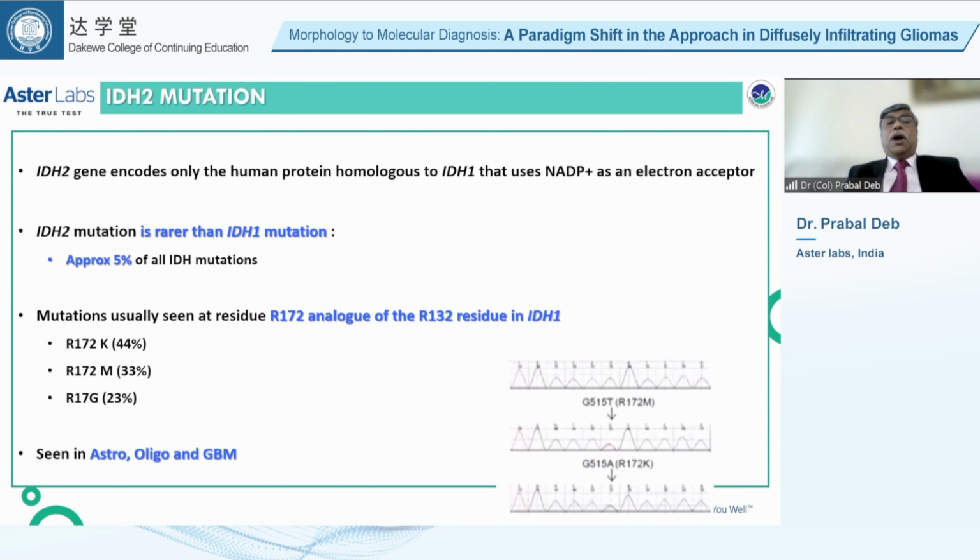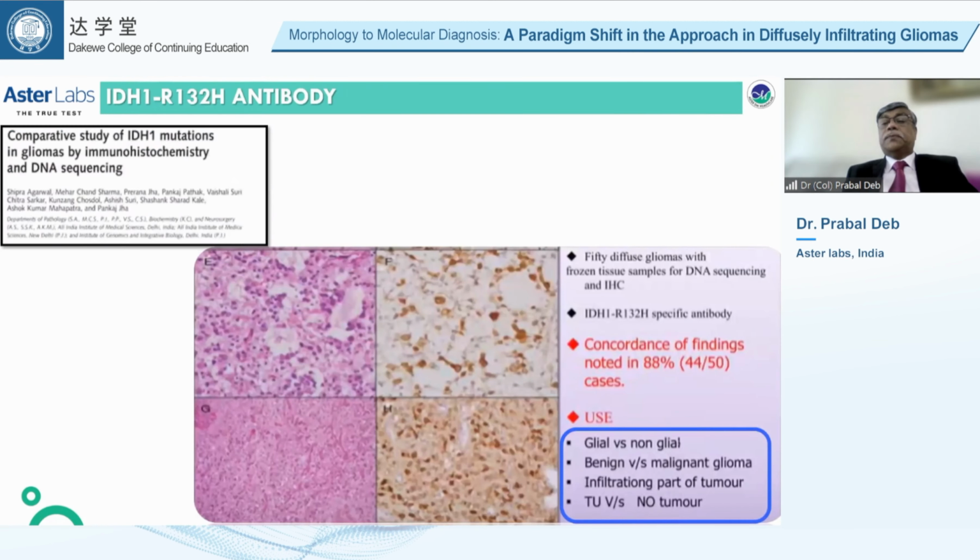Coming to IDH2, this is rarer than IDH1 mutation and covers approximately 5% of all IDH mutations. And it is seen at R172. It is encountered in cases of astrocytomas, oligodendroglial tumors, and a few of the glioblastomas.